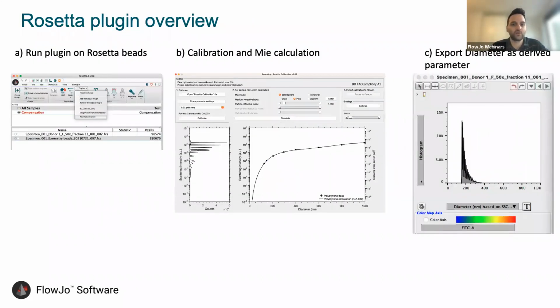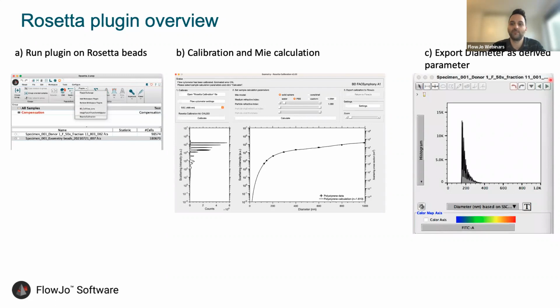So all those calculations and access to the software is also connected with FlowJo using the Rosetta calibration plugin. So basically the methodology here is the following. We will first traditionally add and import our FCS files, including the beads and the samples, in a FlowJo workspace.